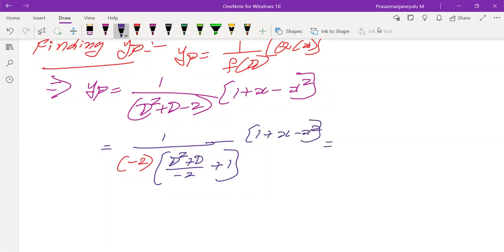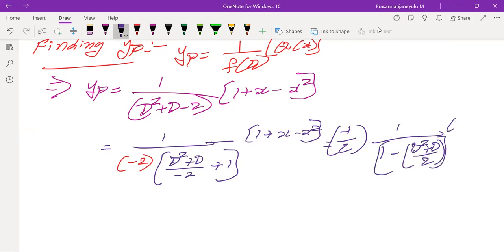Now going to write one more step. We are going to get 1 by (1 minus (D square plus D) whole by 2). So this is in the form of 1 by phi of x in our procedure, of 1 plus x minus x square.